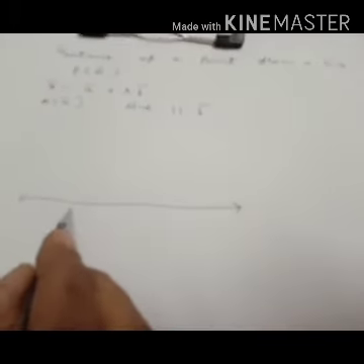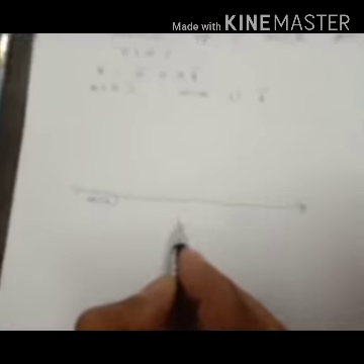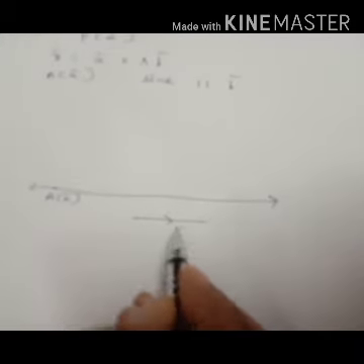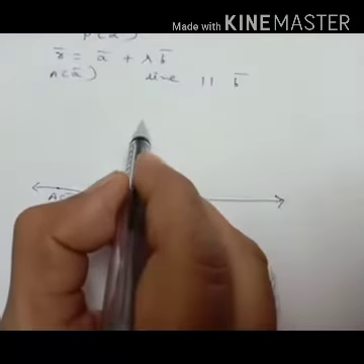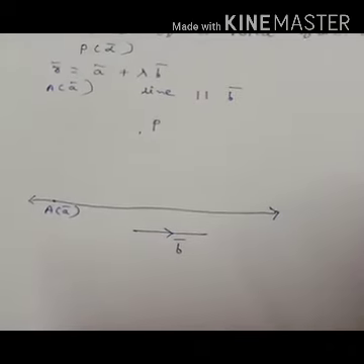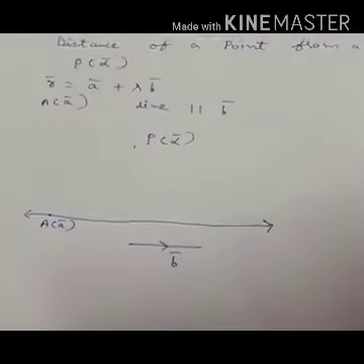So this is a line. A is a point on the line with position vector A bar, B bar is a vector parallel to the line, and P is a point outside the line with position vector alpha bar.